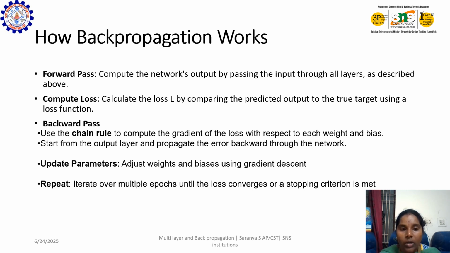It calculates the loss L by comparing the predicted output to the true target using the loss function. Then update parameters means adjusting the weights and biases using gradient descent. Then repeat means iterating over multiple epochs until the loss converges or the stopping criterion is met.